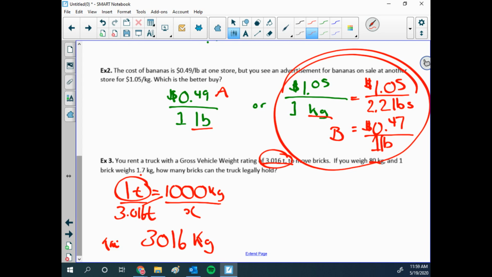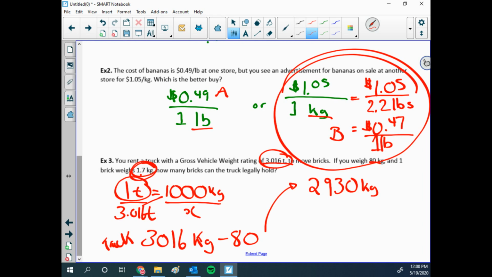Okay. I want to know how many bricks plus me I can fit in there. So if I weigh 80 kilograms, obviously I can't add bricks that match my weight, so I need to reduce that. So in the truck, 2,936 kilograms can be filled with bricks. So how many bricks can fit into that?